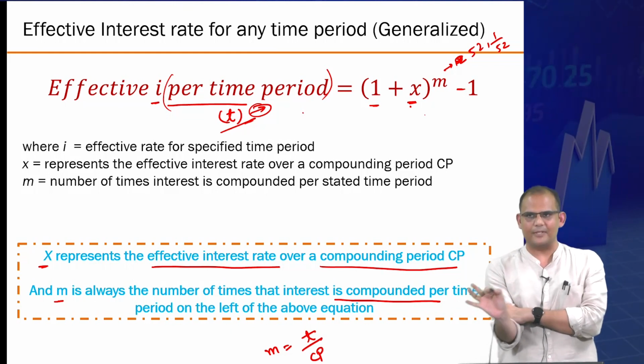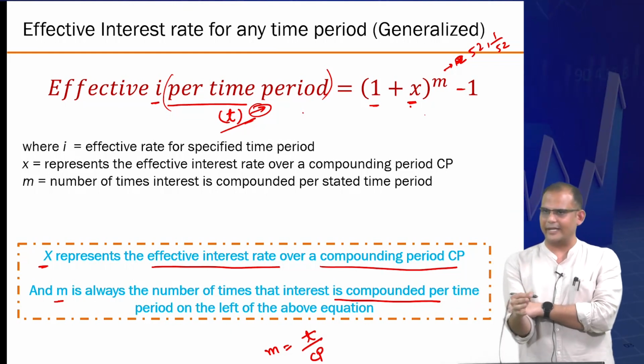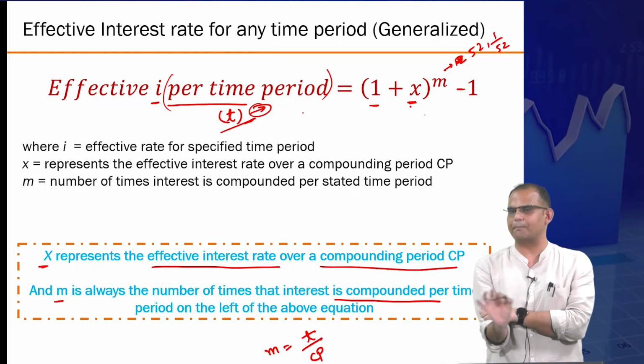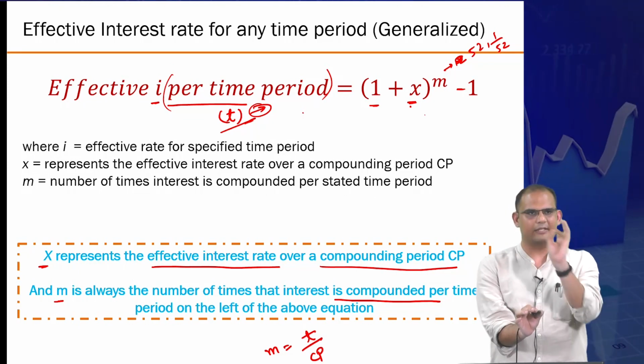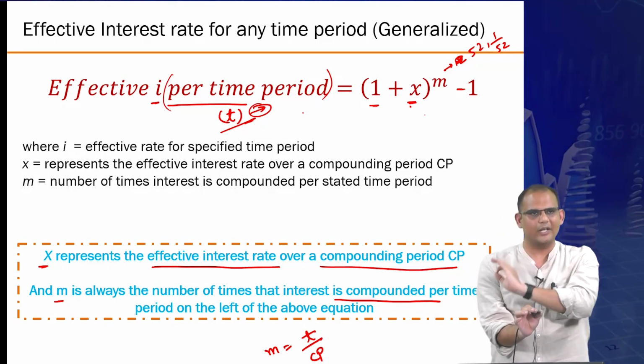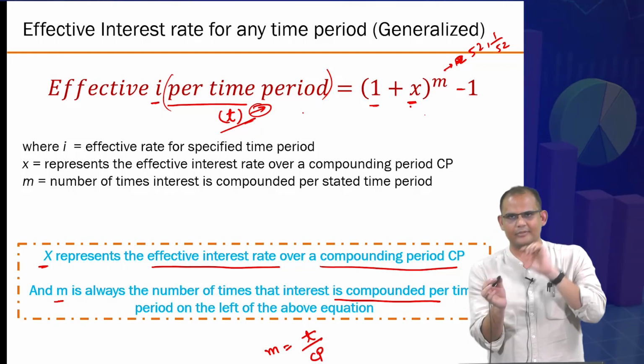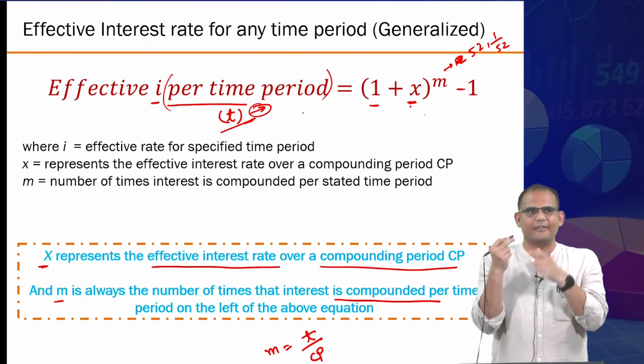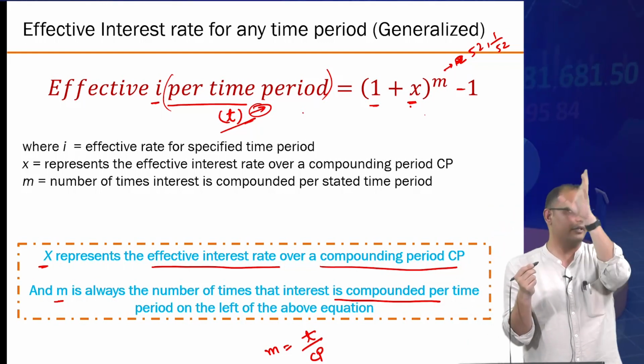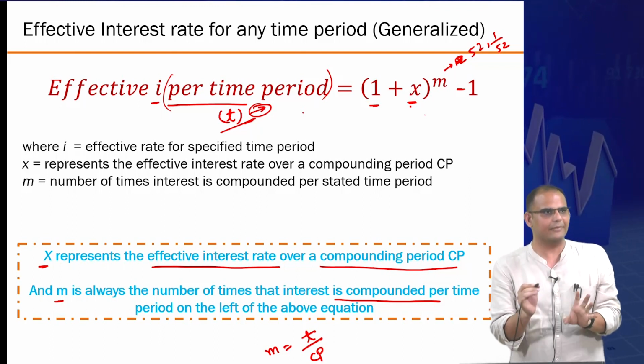I'll give you examples of the wordplay, but remember this simple transformation: T, 1 plus x to the power m minus 1. X is r by m, but the m is the value which is only in T, not in whatever other units you are doing. M is T by Cp.